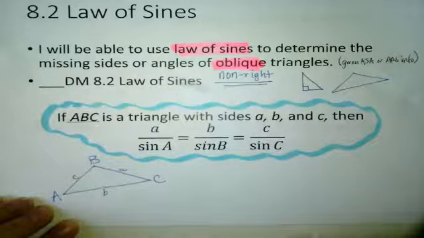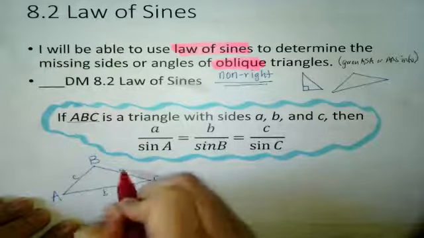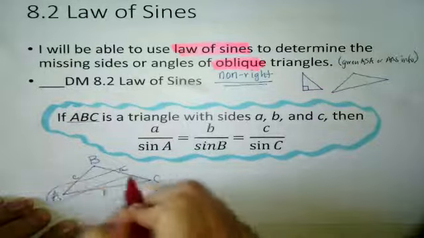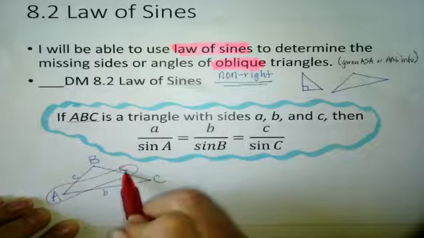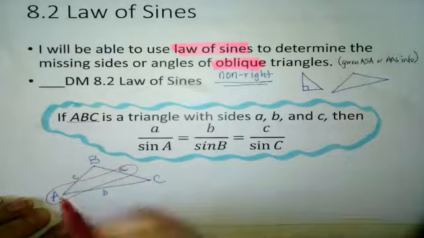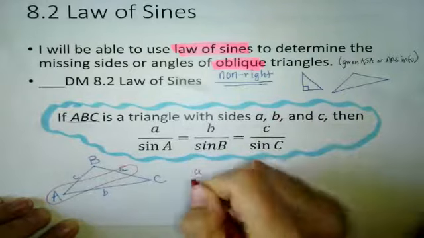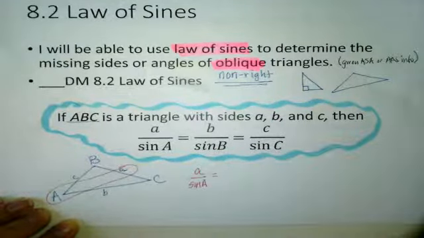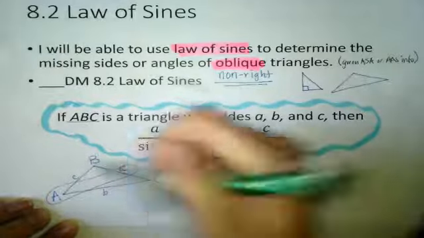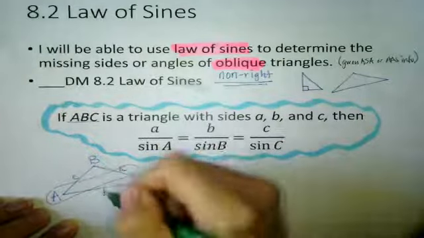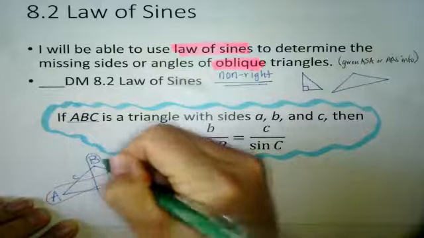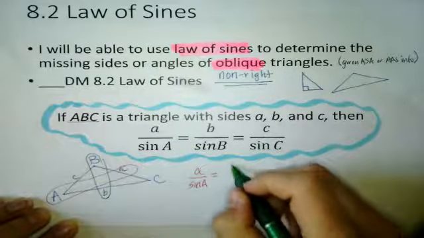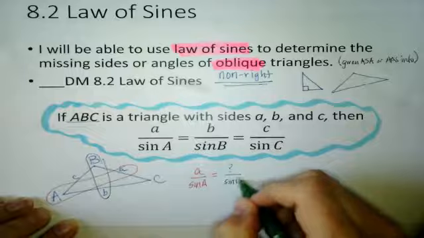So then it turns out that if we have information, let's say we have information about side a and vertex A. So if we have a side length and its vertex, then we can set up a little proportion. a over sine of A is equal to, let's say we have angle B and we want to find side b, then we can set up, hey, what is that missing side b over sine of B?